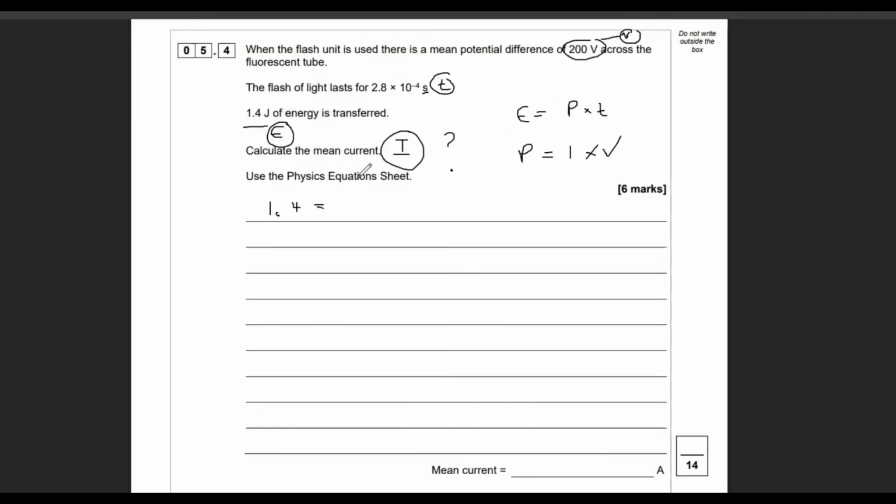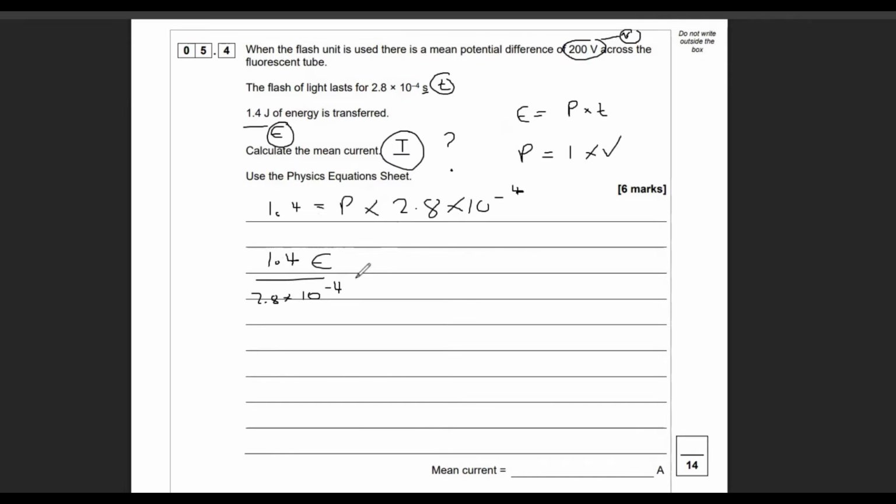So 1.4 is the energy, equals P times time, which is 2.8 times 10 to the minus 4. Okay, that's seconds, that's joules over there. What I want to do is rearrange this. How can I get P on its own? Well, I can divide both sides by 2.8 times 10 to the minus 4, and I'll end up with 1.4, which is the energy, divided by 2.8 times 10 to the minus 4, which is the time. I know what you're thinking. Why aren't I using the units, joules, and that?